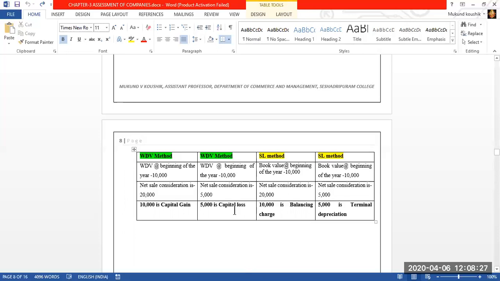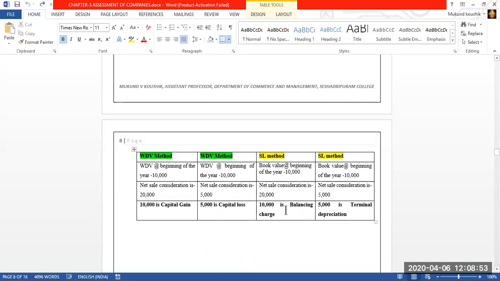So if you are following the written down value method and earn any profit on sale of an asset, such profit is considered as capital gain. If by selling or discarding an asset you incur a loss, such loss will be treated as capital loss. So this is with regard to the written down value method of depreciation.